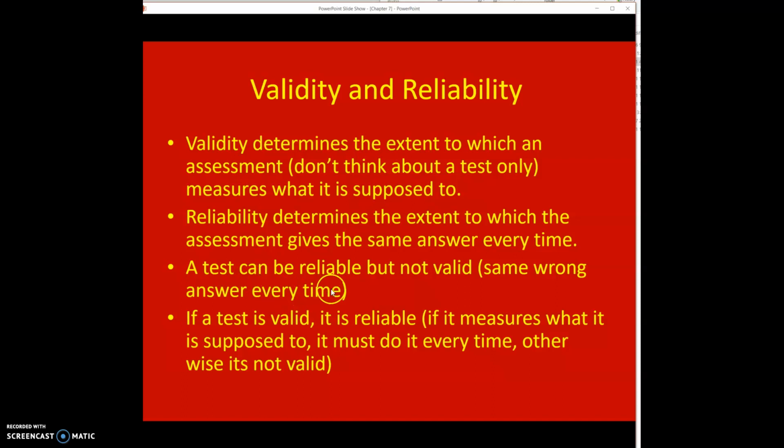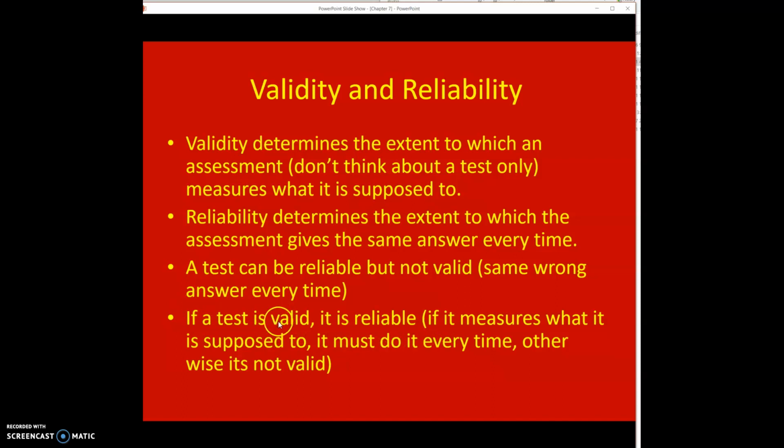You can get the same wrong answer and it'll do it every single time. So for example, if a scale is not calibrated correctly, it can give you the same weight every single time, but that doesn't necessarily mean that that is an accurate assessment. On the other hand, if the test is valid, it is reliable.